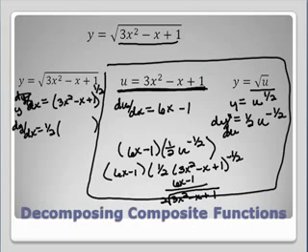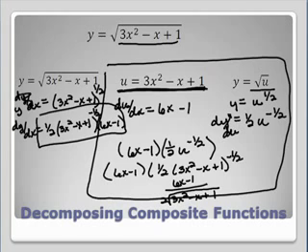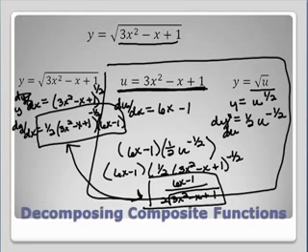I keep this exactly the same, 3x squared minus x plus 1. It is raised to 1 less power, and then I take it times the derivative of the inside function, which would be 6x minus 1. And if you look at those two, if you do a little bit of algebra, you can see that these two are the same thing.